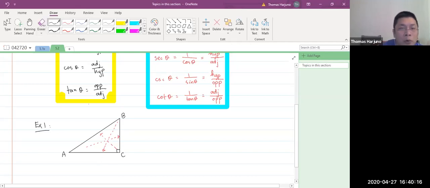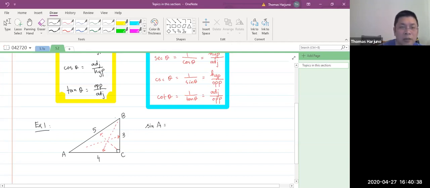Now, suppose this is 4 and this is 3. By the Pythagorean theorem, you will see that the hypotenuse is 5. Now, that's something we all have known. Okay, now suppose I ask you, what is the value of sine A?